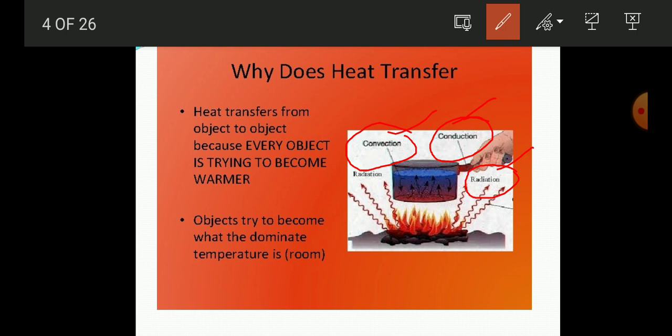Students, it is important for the transferring of heat that one body should be hot. If both the objects have the same temperature, then no transfer of heat is possible. So there must be a difference of temperature between the two bodies. It is important that there is some difference in the temperature.